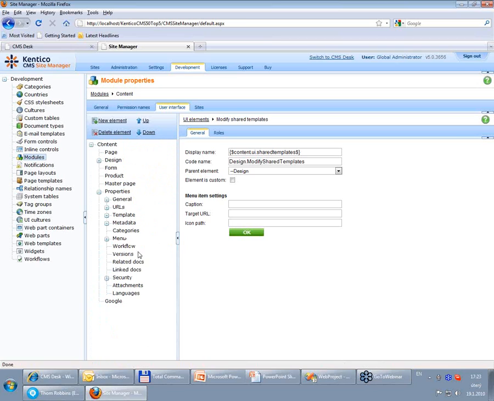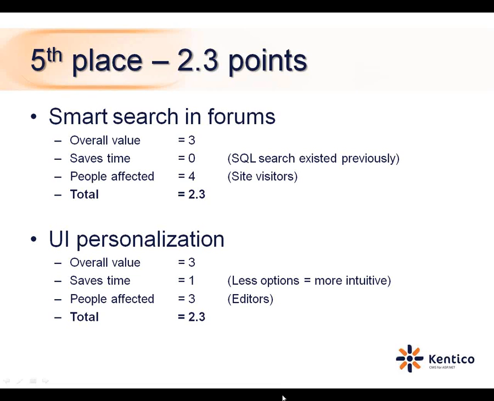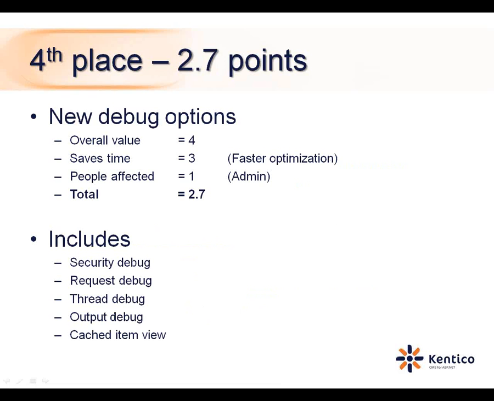You can even restrict users to only being able to modify the ad hoc templates by not allowing them to modify the shared templates, and other interesting things. I think we do not have that much time to go through this, so I'll just skip this and go to the next place on my list.